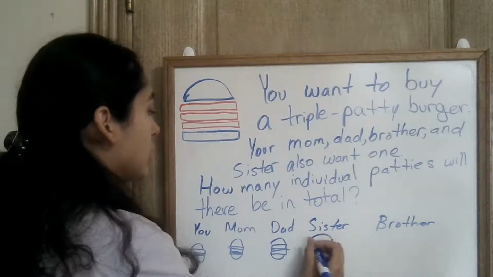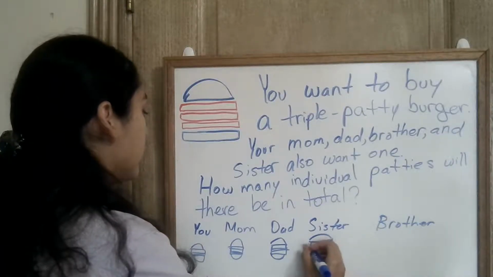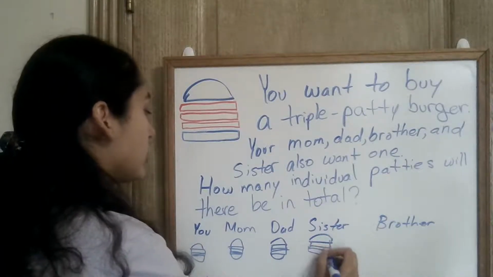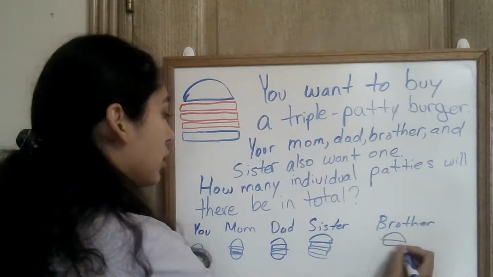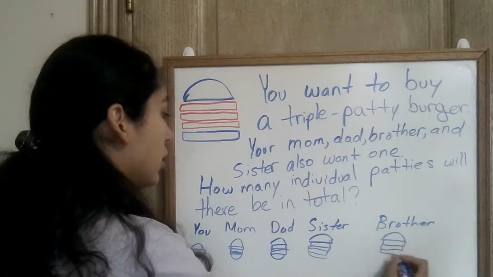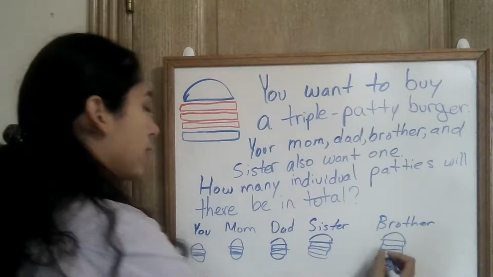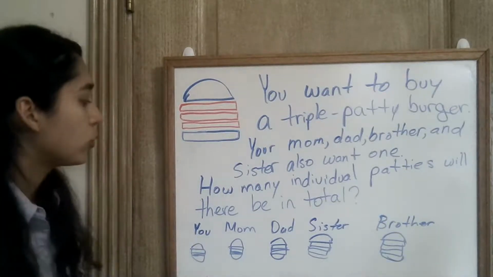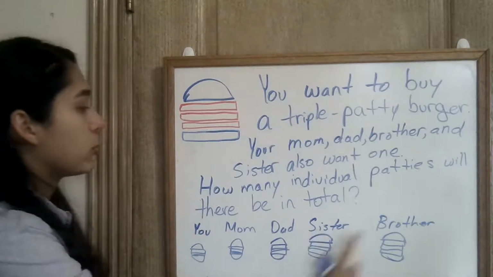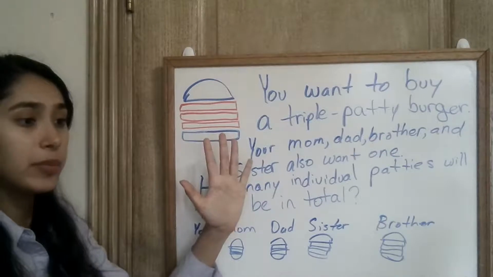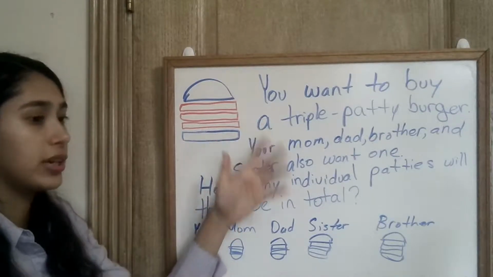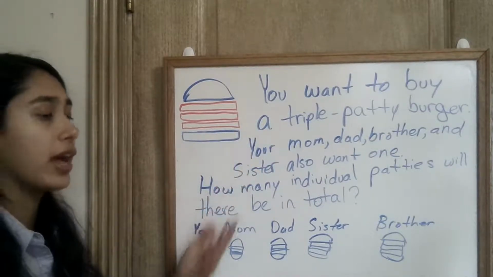So this one's not necessarily a problem with fractions, but it has the same concept. So we know that we have a total of 1, 2, 3, 4, 5. We have to basically read the problem. They're not saying 5 people directly. You have to kind of infer that.